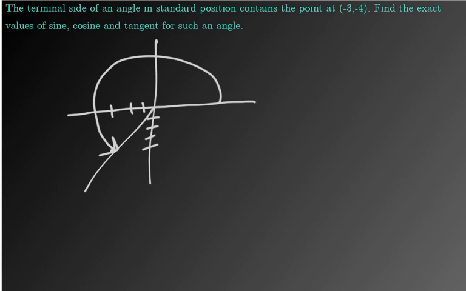If you just think of triangles, it's really not too bad. This is the triangle you can think of, right? And we have that this is -3, and this is -4. Here it's not necessarily a unit circle, but we can get the hypotenuse by just doing the Pythagorean Theorem.